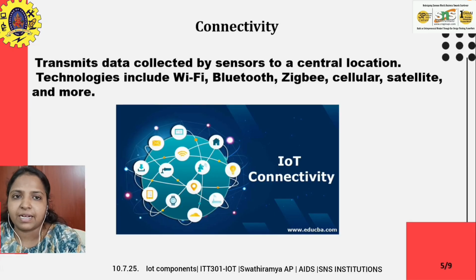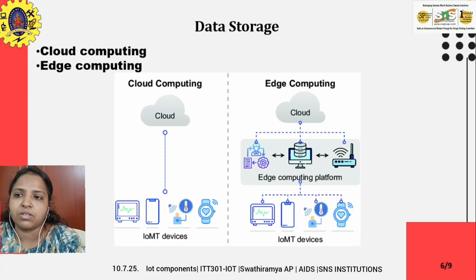Next, you have collected the data with the help of sensors, and the data has been transferred to another device with the help of network components. What will you do with that data? For example, you have transferred the data to some cloud. We need this data for processing, obviously. So the next step is processing. You can do the processing either with local storage devices or with cloud computing.